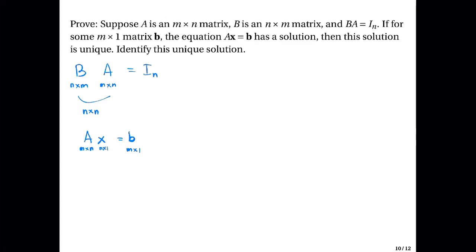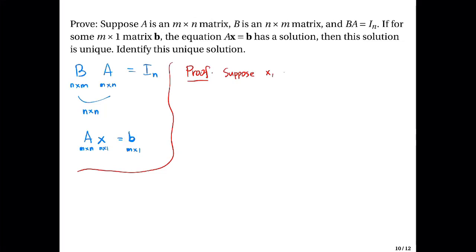Now, we want to prove that if AX equals B has a solution, then this solution is unique. So let's prove that. Proof. So using the assumption, suppose we have two solutions.